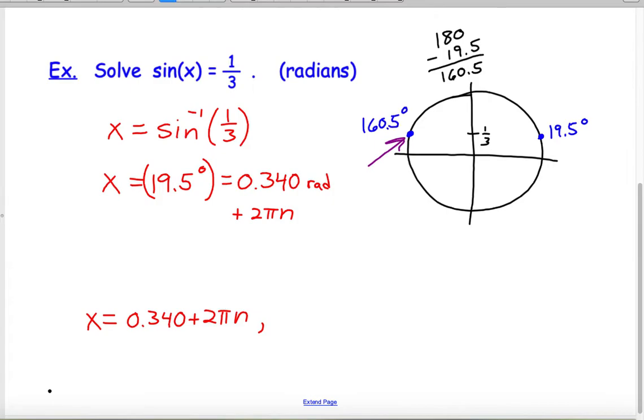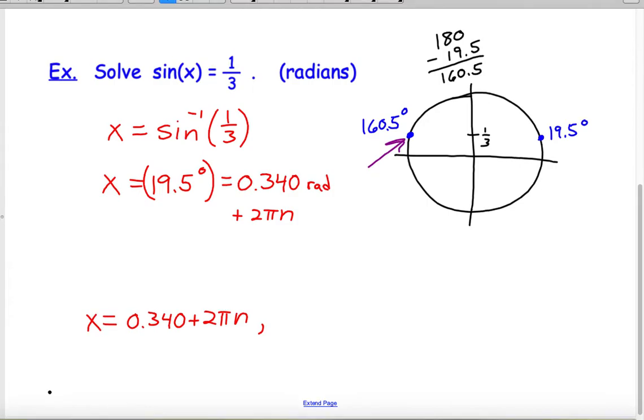Now how do I do it in terms of radians? Well, in radians, this was 0.34. And so how am I going to get it on the other side? Well, instead of 180 minus the angle in degrees, I'll do pi minus 0.340.